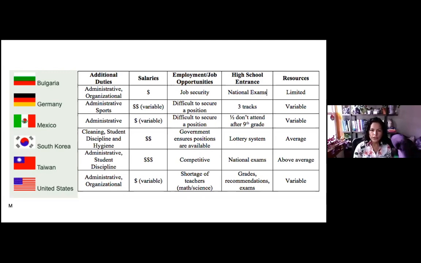In terms of students and their acceptance rate to high school, so high school's 10th, 11th, and 12th grade, students are usually placed within a cohort in the beginning of their 7th year, and they remain with that group of students for the next 3 years. Now, admission to high school traditionally relies on student scores on the National High School Entrance Exam.